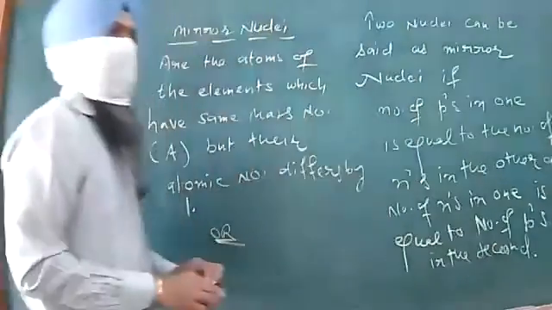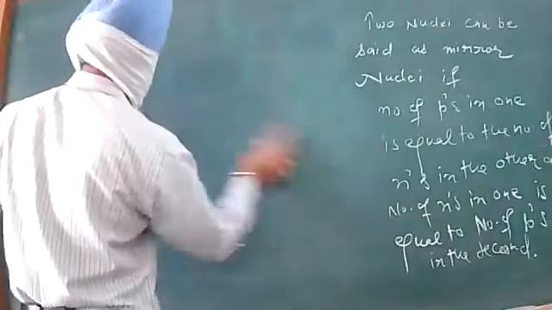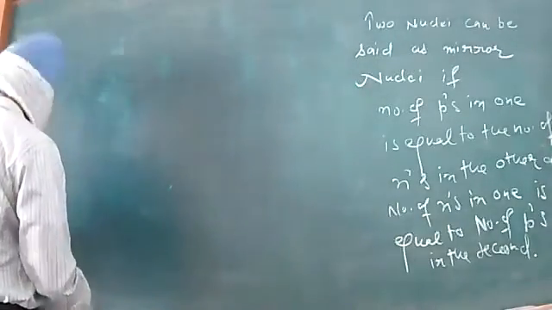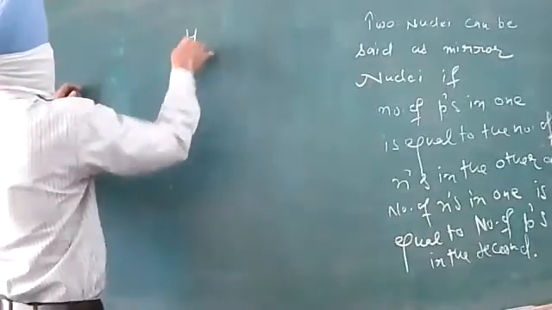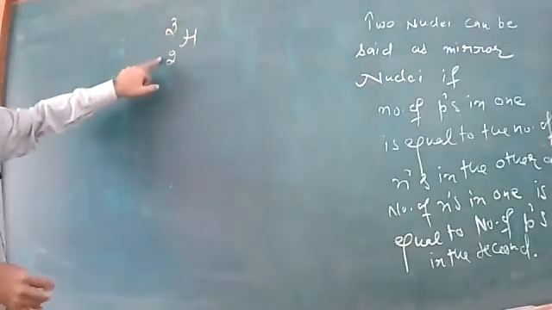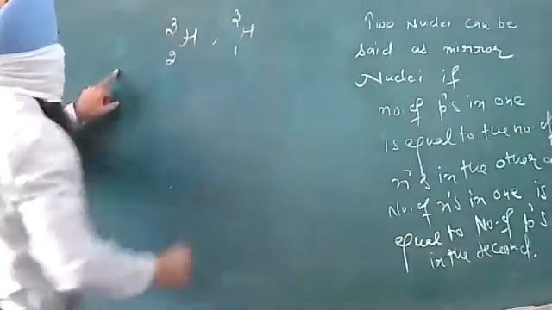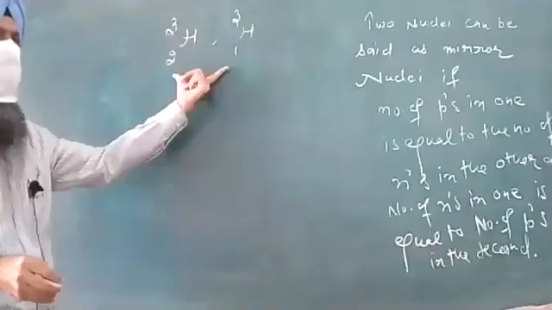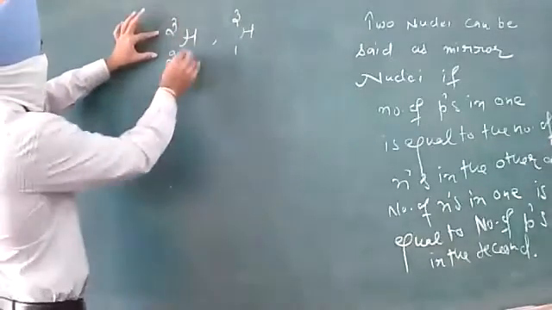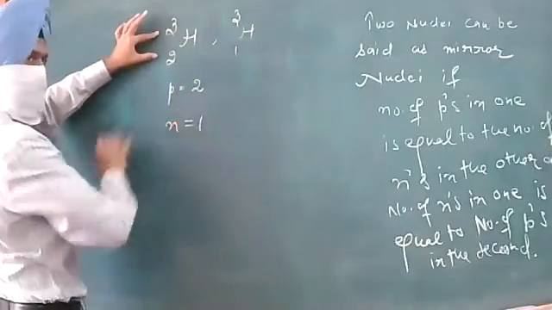Let us discuss one example of mirror nuclei. We have the state helium-3, with mass number 3 and atomic number 2, and triton, hydrogen-3; the atomic number differs by 1, the mass number is the same. In this state, protons are 2 and neutrons are 1.